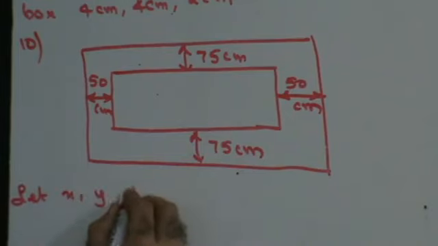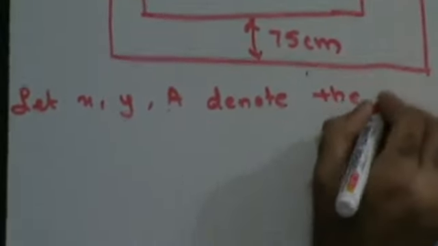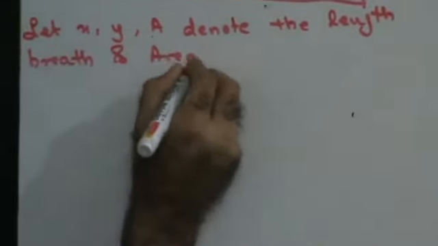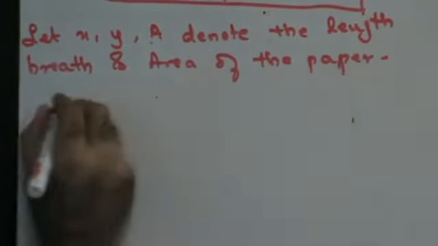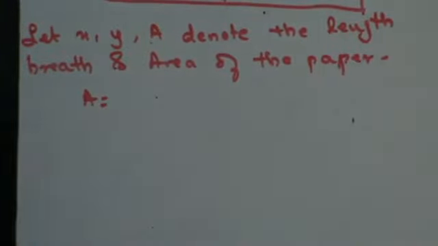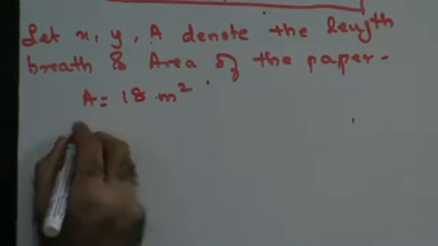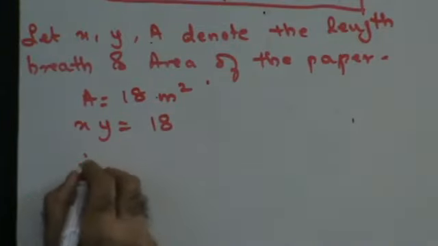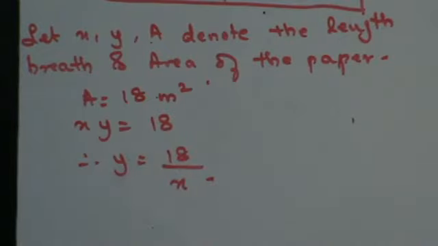Let x, y and a denote the length, breadth and area of the paper. Now they give you that the area of the paper is 18 square meters. Area is nothing but length into breadth, so I can say y is equal to 18 upon x, right?